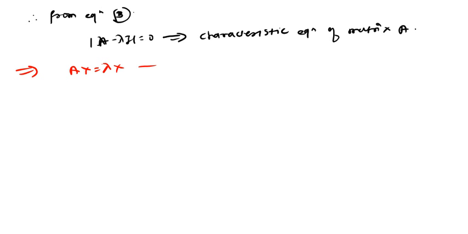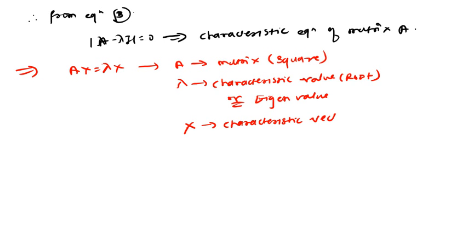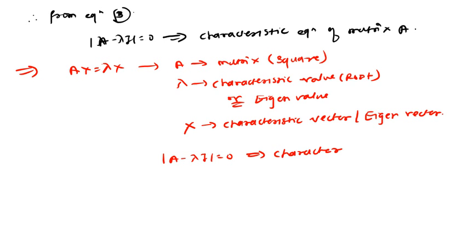So what we have learned from all this theory is that in the equation Ax equal to lambda x, where A is a given matrix of order n by n, that is a square matrix, this lambda is called the characteristic value or characteristic root, also called the eigenvalue. Also, x is the characteristic vector, also called the eigenvector. And finally, the determinant of A minus lambda I equal to 0 is called the characteristic equation.